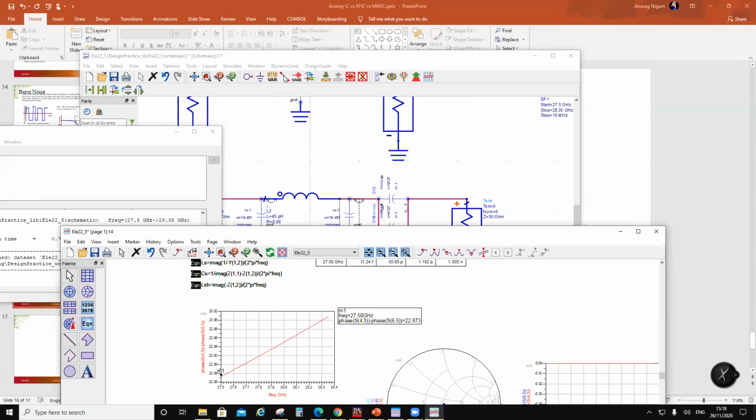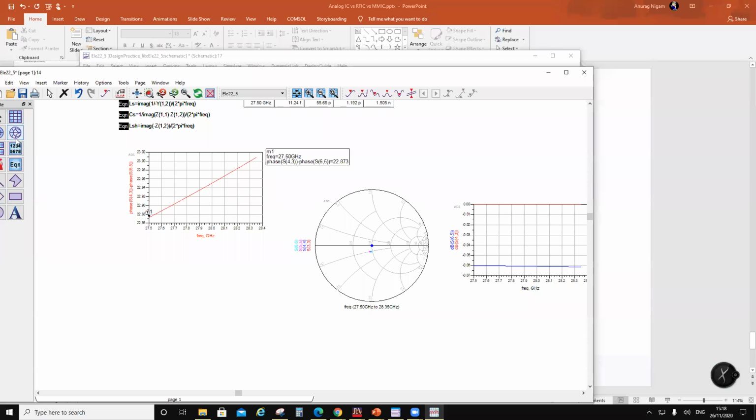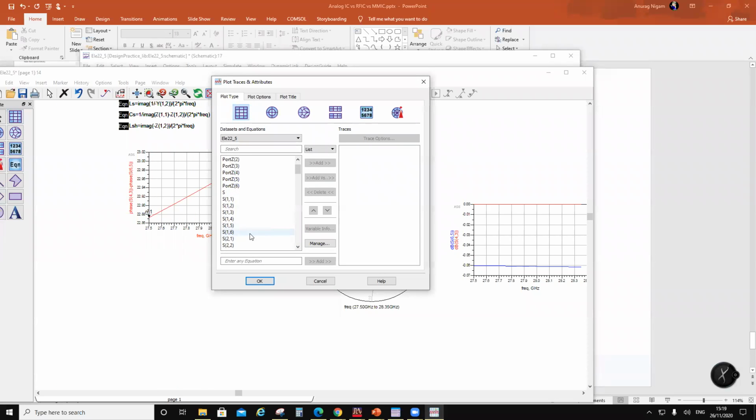Okay, so let's look at S11, S66 and S55. How bad is that? S66 and S55.